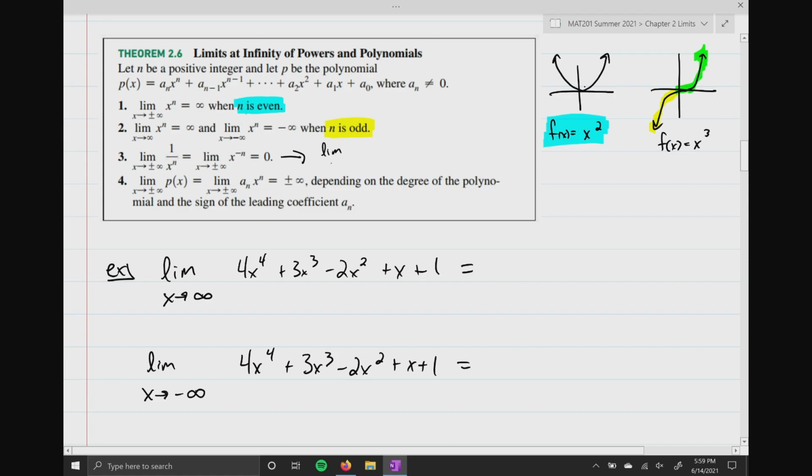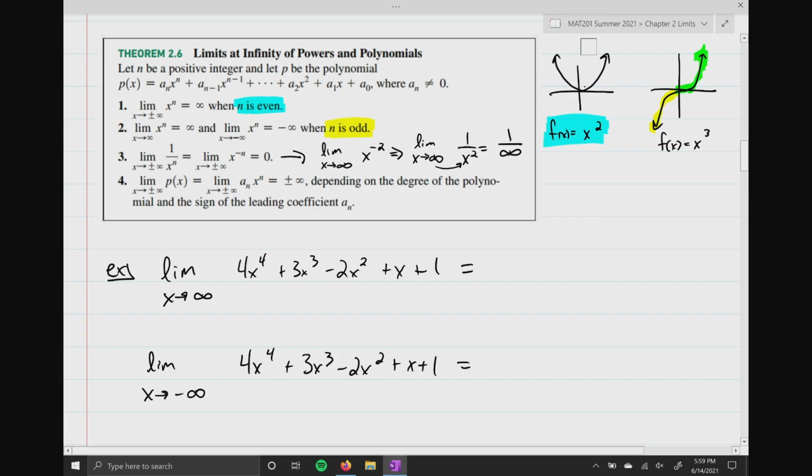For example, if we had the limit as x goes to infinity of x to the negative 2, I can rewrite that as the limit as x goes to positive infinity of 1 over x to the second. And here's what's happening. Basically, if you think about substituting in the limit, you have 1 divided by an extremely large number.